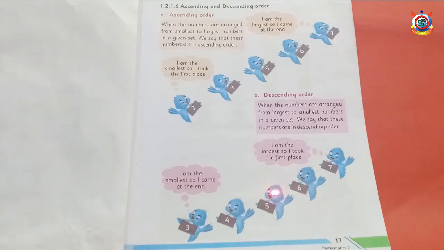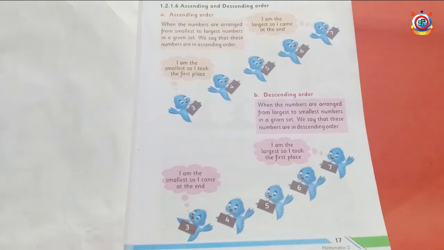After 6 is 5. After 5 is 4. And the smallest number is 3. Therefore, this bird is in last place. So, I hope you got my point.